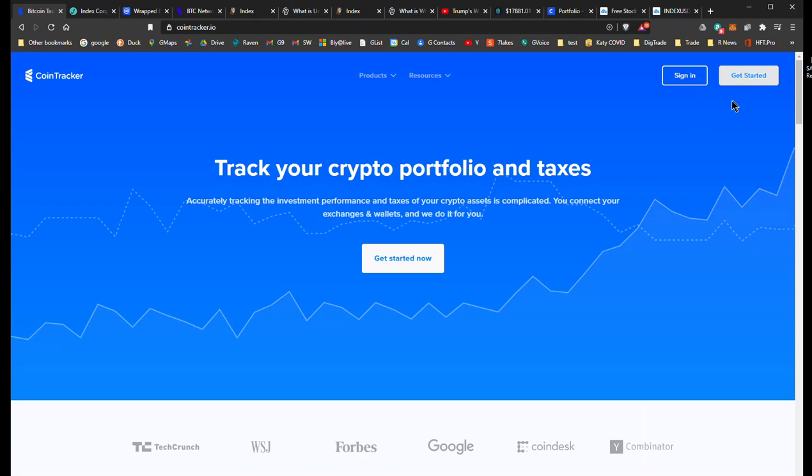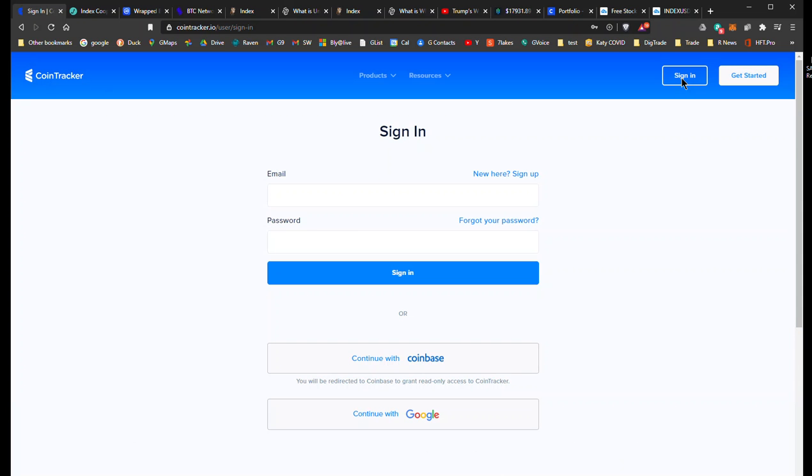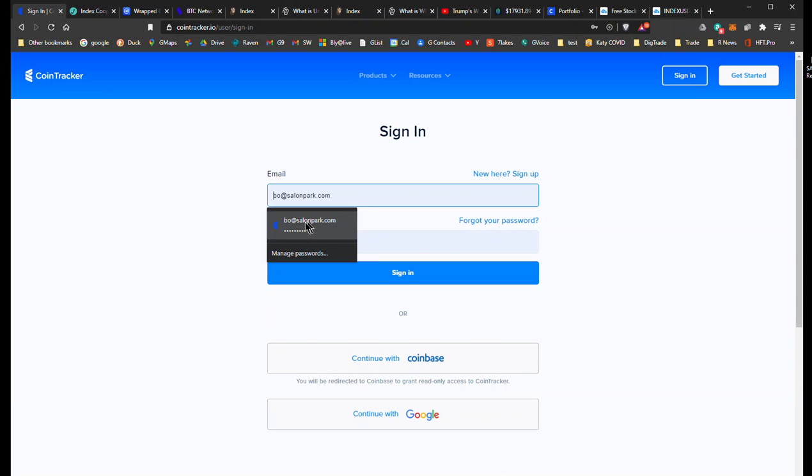Then I'll show you how to use the API, so that every one of your exchanges, Coinbase and Coinbase Pro for you, and then Coinbase and Coinbase Pro for your company, we can collect them all into one place where you can see everything you own, the cost averages.